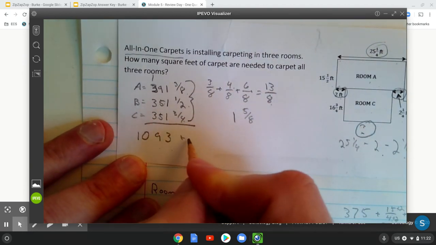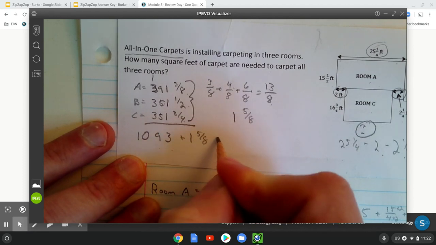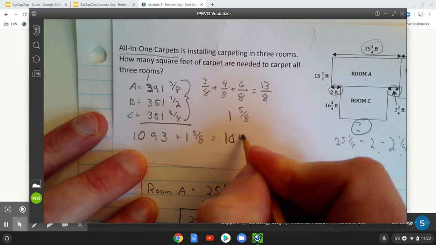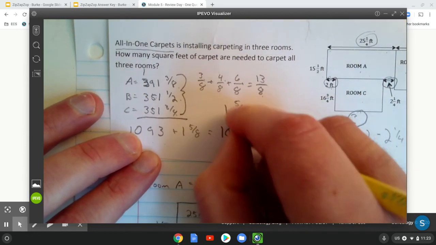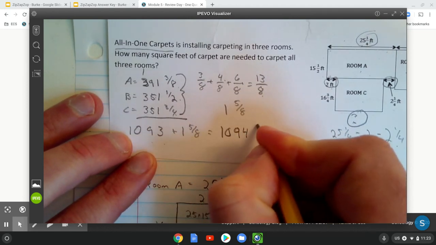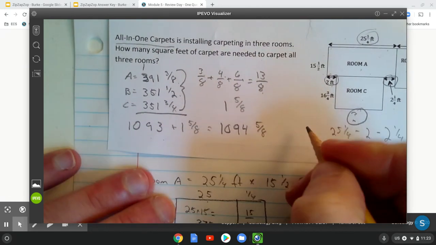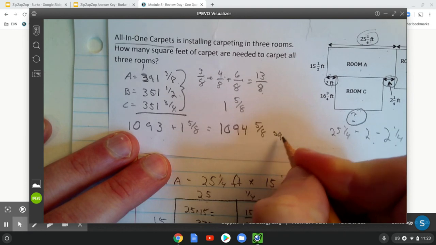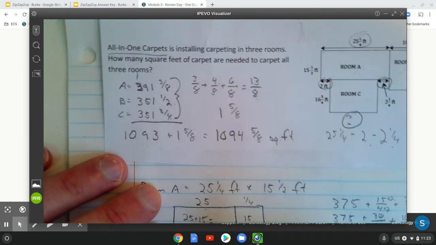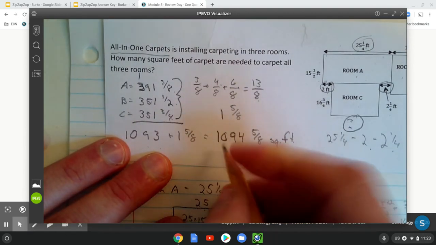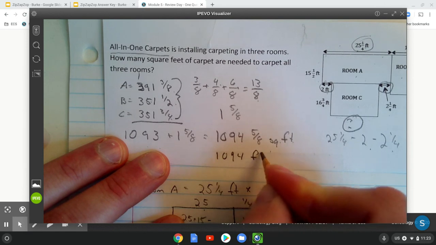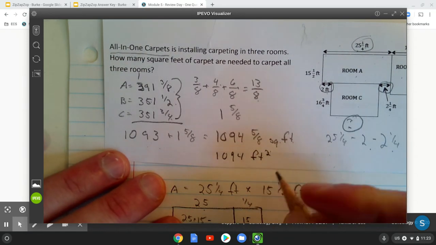So the grand total is 1094 and 5/8 square feet, or 1094 square feet. That's probably the best answer right there.